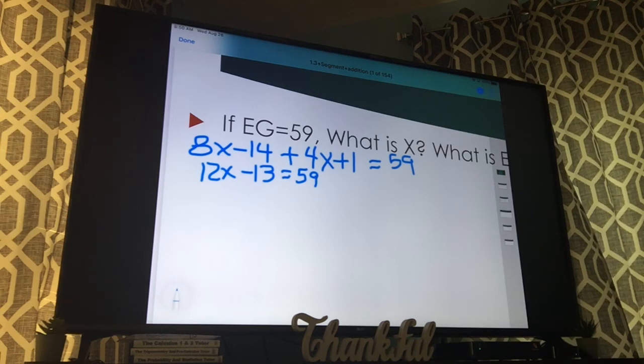Okay, and now I'm solving for x. So I'm going to say plus 13 on both sides. So the 13s cancel. I got 72 equals 12x.